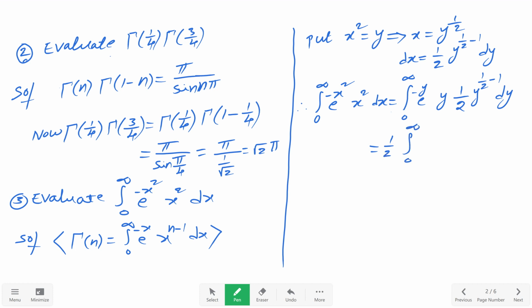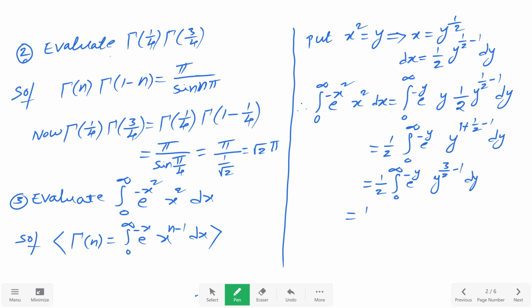Here bases are same, we can add the powers, then you get y power 1 plus 1 by 2 minus 1 into dy. This is equal to 1 by 2 into integral 0 to infinity e power minus y into y power 3 by 2 minus 1 into dy.